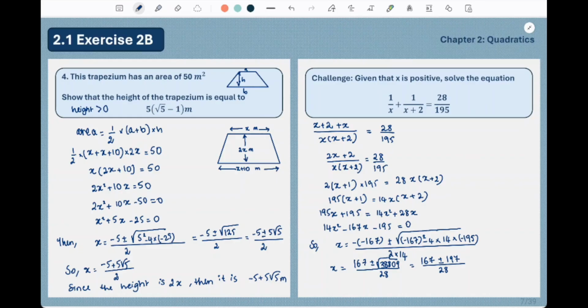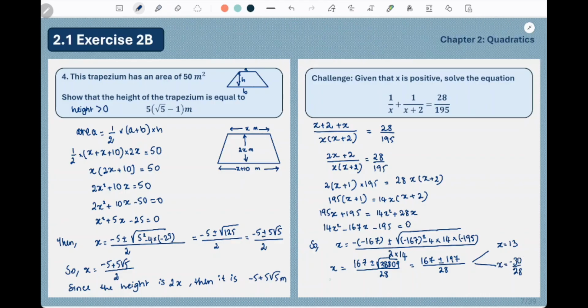In the case you do plus, it gives you x equal 13, and in the case you do 167 minus 197, it gives you minus 30 over 28, a negative solution.